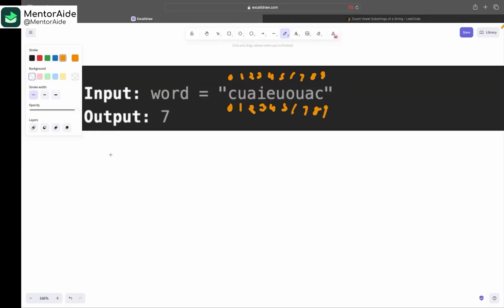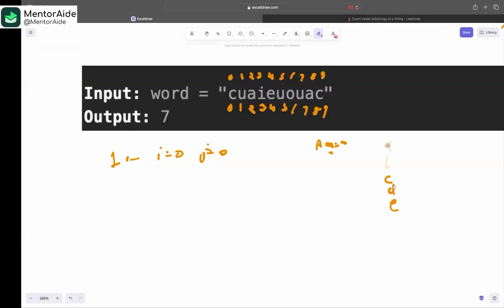Okay, we have the first iteration. I is equivalent to 0, J is equivalent to 0: A, B, C, D, and E. Okay. Answer is what till now? 0. It should be A, E, I, O, U. Okay, sorry. Yes, it should be A, E, I, O, U. Correct.